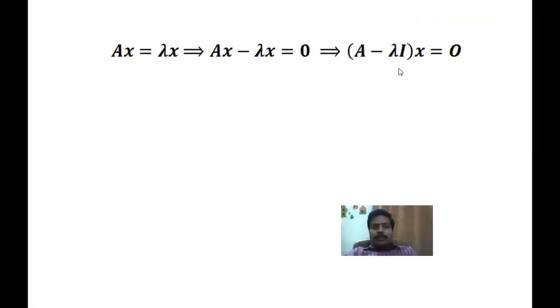Lambda x equals Ax implies Ax minus lambda x equals O, the null matrix, and this can be written as (A minus lambda I) x equals O, after taking x as common. This is another matrix form.